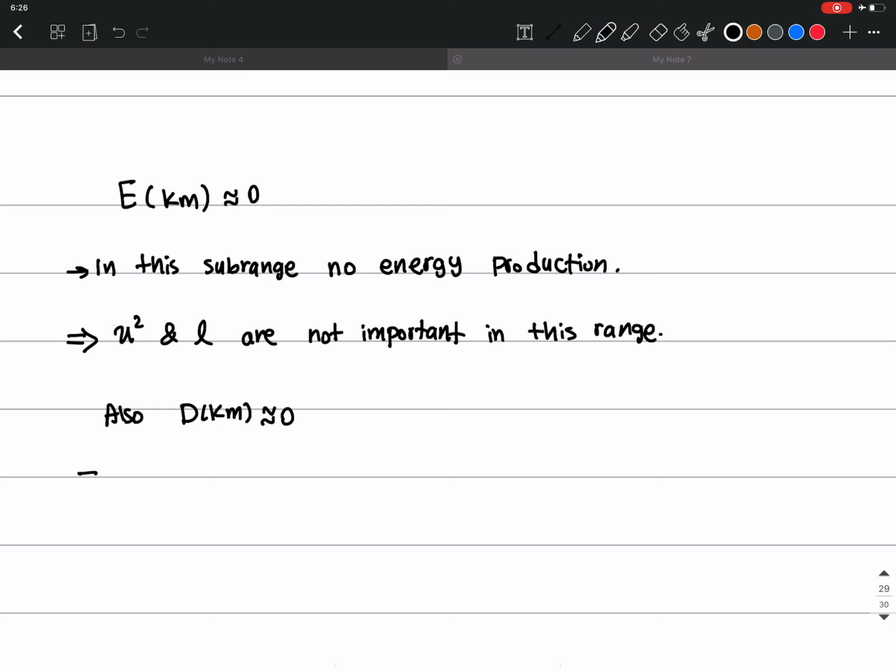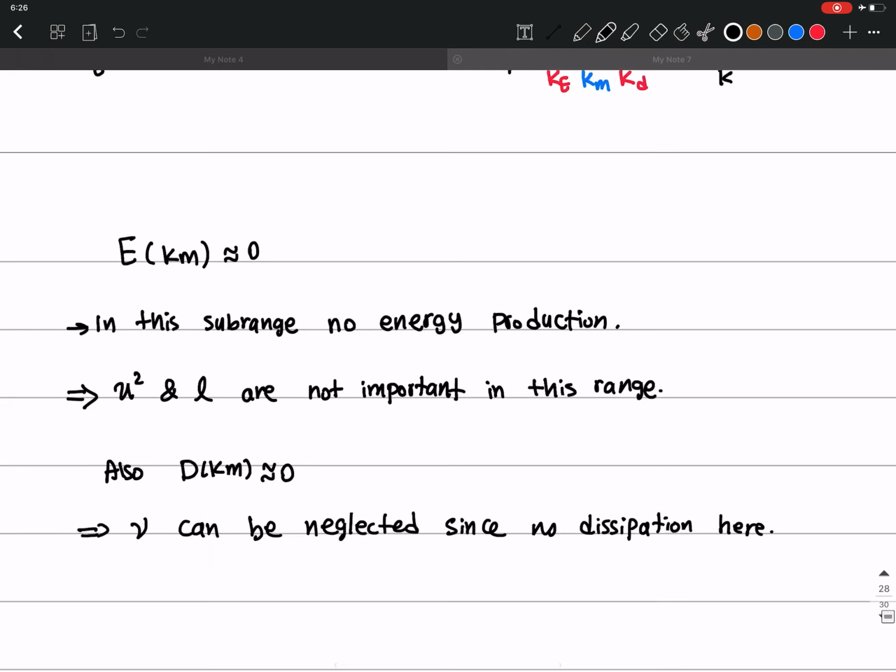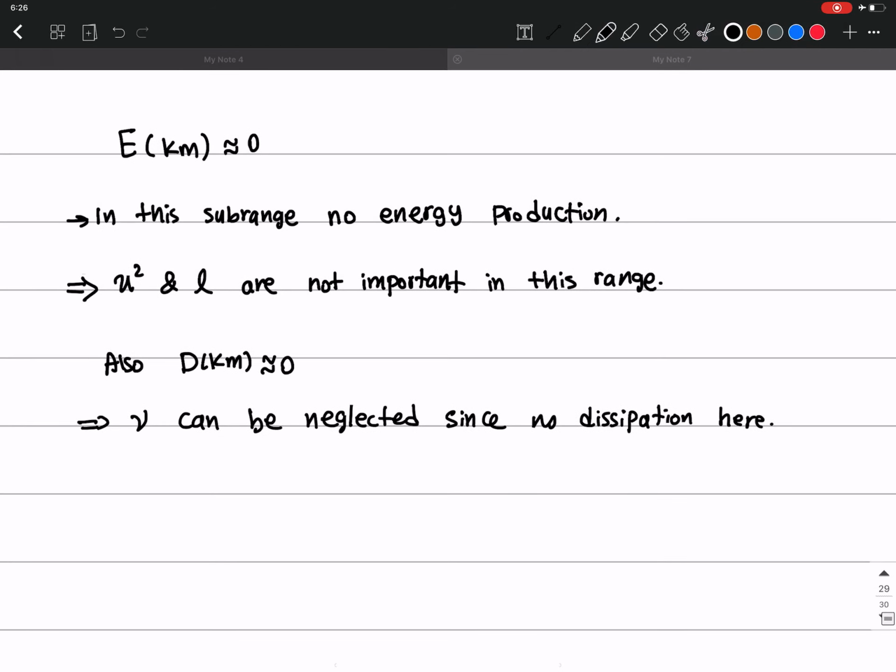This means that nu, which is related to the dissipation, can be neglected, since no dissipation occurs in this range. Again, this is by assuming the separation of scales that we made at the beginning of this argument.